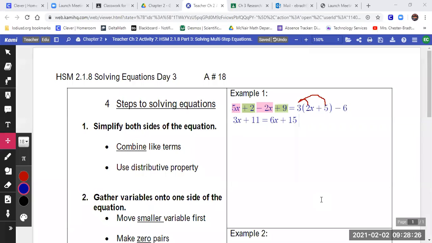And then did I do anything with that negative 6 yet? No, so negative 6 is still there after the 15. Okay. I notice I have to combine like terms on the right-hand side now.